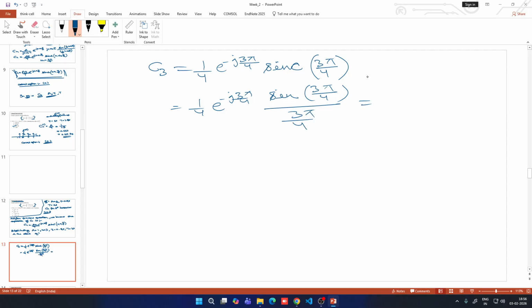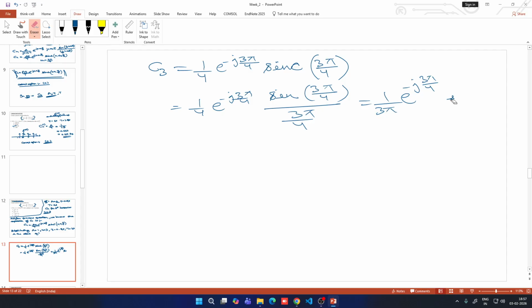And when we solve this, because we now know what sine 3 pi by 4 is, which is 1 by root 2, this goes to the numerator and the 4 gets cancelled, and it remains as 1 by 3 pi e to the power minus j 3 pi by 4, and sine 3 pi by 4 will be 1 by root 2.